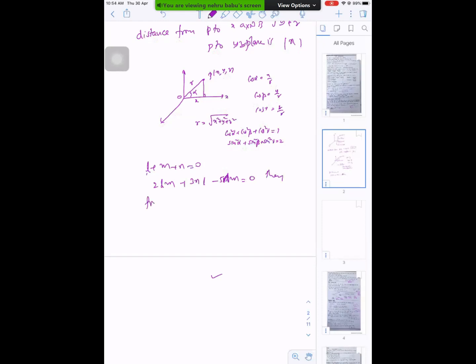Then find the angle between the lines. So this type of question is important. How to solve this type of problem?